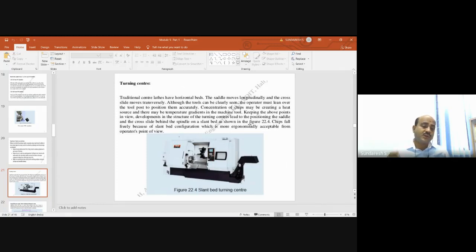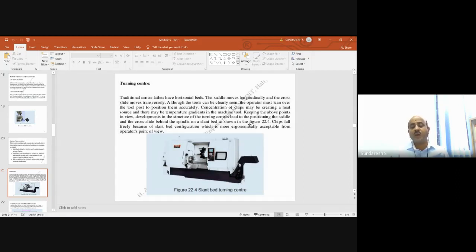Most traditional center lathes will have horizontal beds. In these traditional lathes, the saddle movement takes place longitudinally, whereas the cross slide moves transversely. Even though you can see the tools clearly, the only thing is the operator must lean over the tool post to position them accurately.